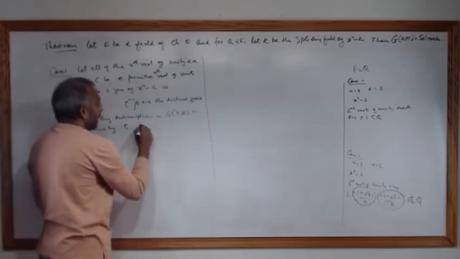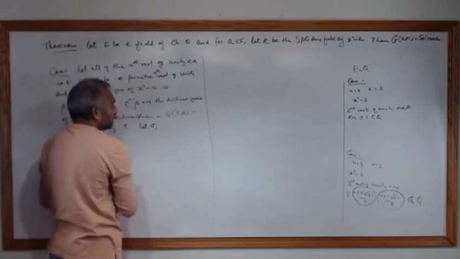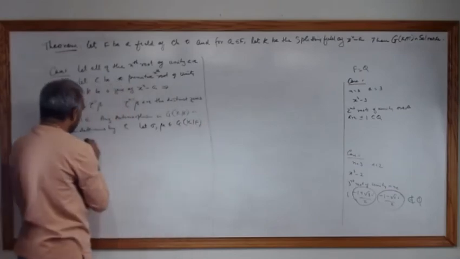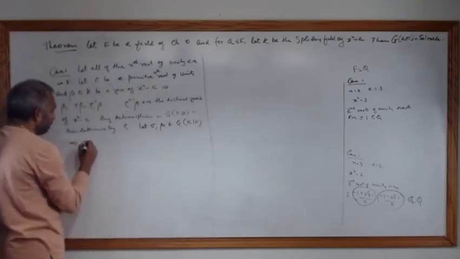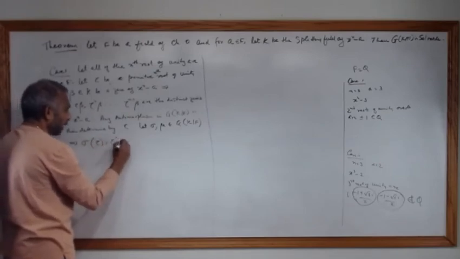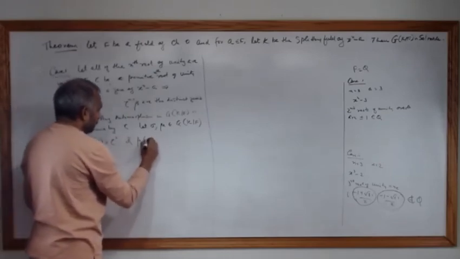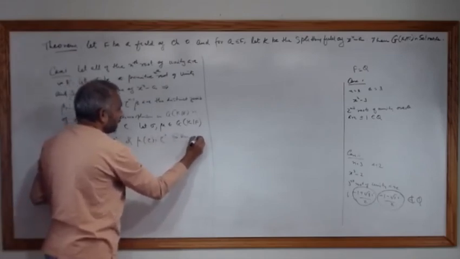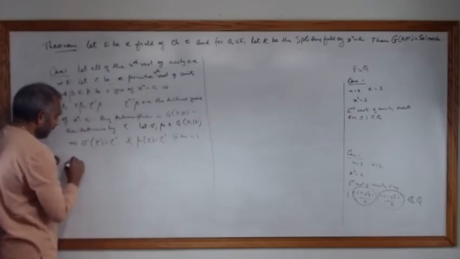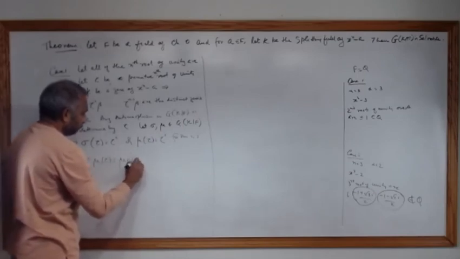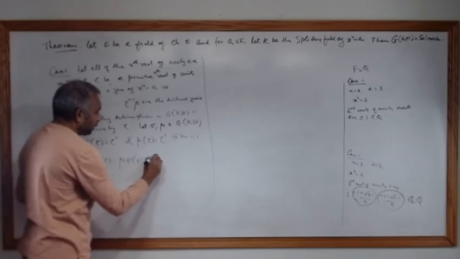That means let sigma, mu belong to G of K over F. This implies sigma of zeta is equal to zeta to the power of i and mu of zeta is zeta to the power of j for some i, j. And this implies sigma of mu of zeta is equal to mu of sigma of zeta, which is equal to zeta to the power of i plus j.